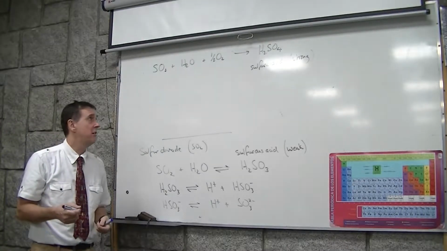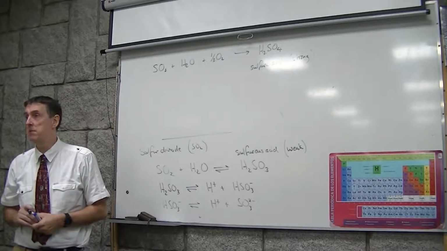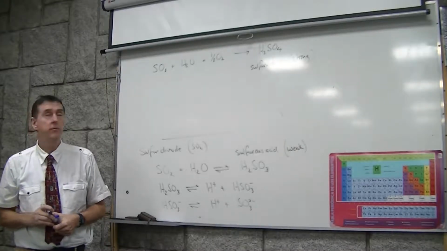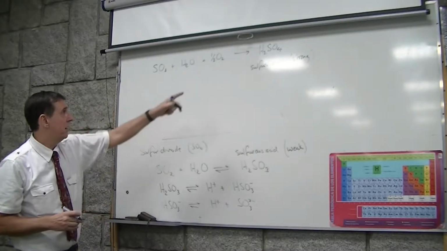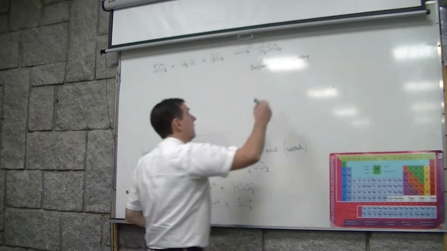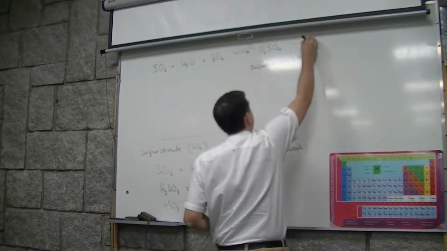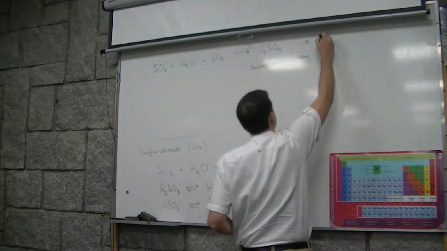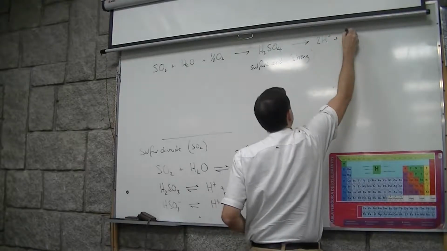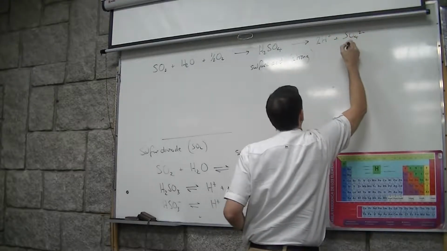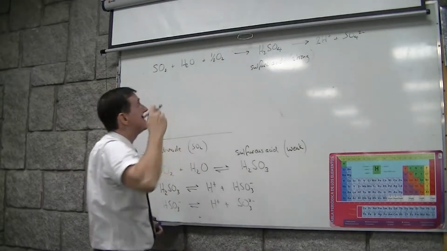And this is one of the materials that's responsible for acid deposition. The sulfuric acid in the presence of water gives 2H plus and SO4 2 minus, sulfate ions. There's the acidity.